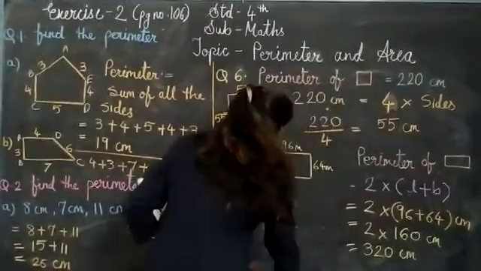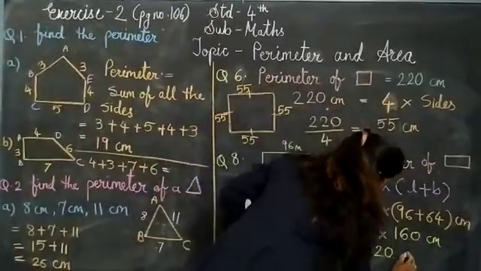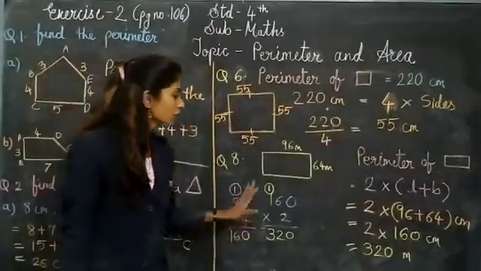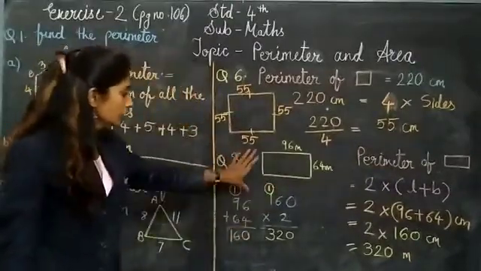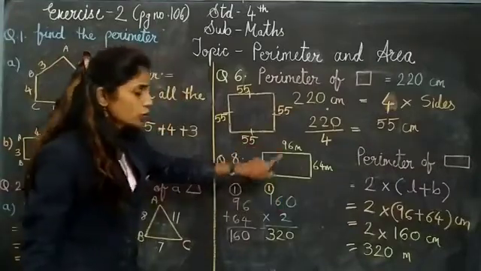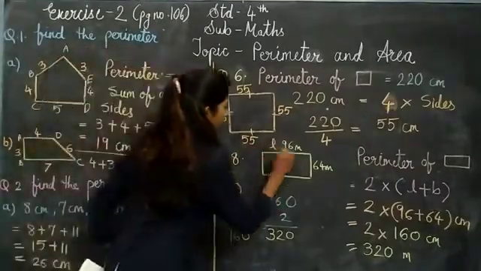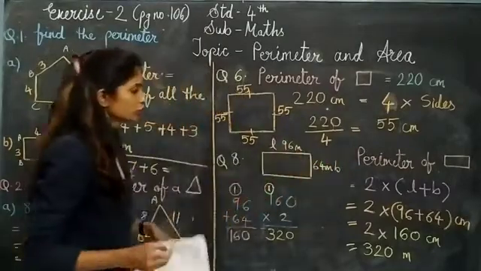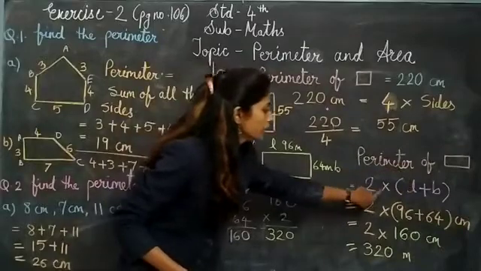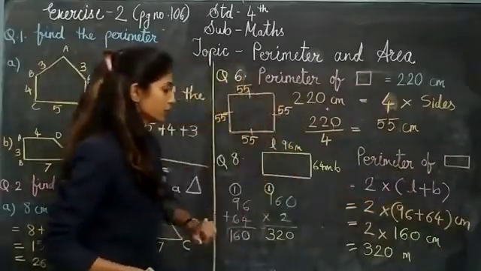In the question it is given in meters, so in your answer also you are going to write the answer in meters only. Now one more time look at that sum. Rectangular park is given, length is given, and breadth is also given. So the formula for the perimeter of a rectangle is 2 multiplied by length plus breadth.